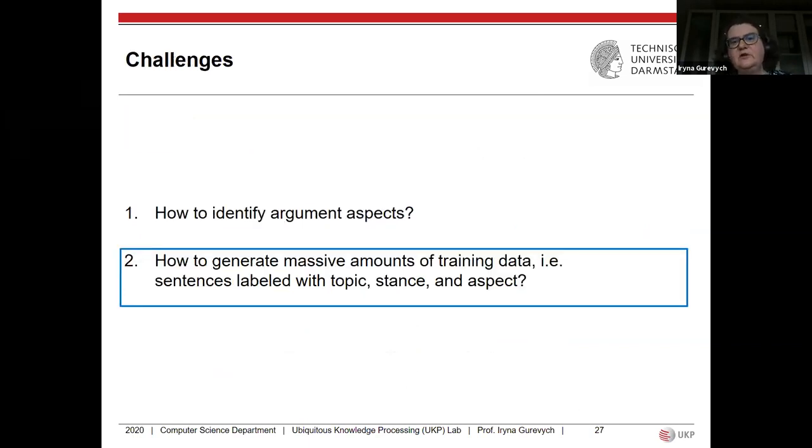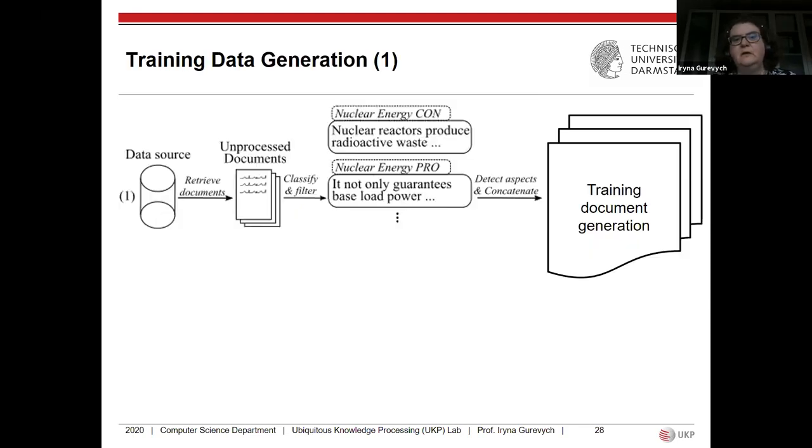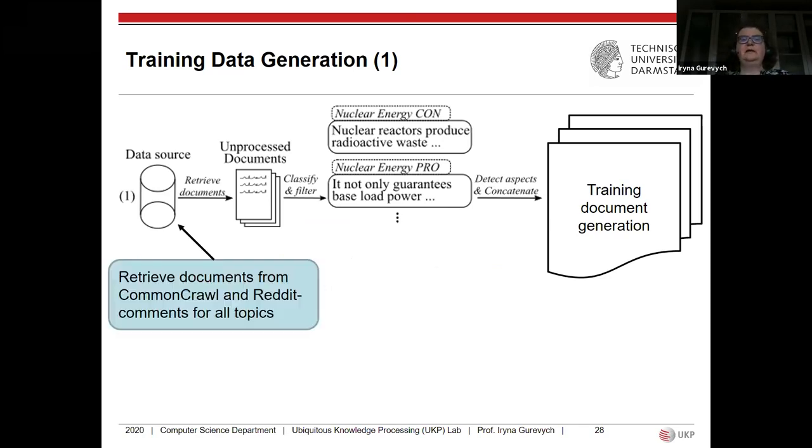Now, let me turn to the second challenge, how to create training data for natural language generation. It is completely clear that we cannot annotate this amount of data manually, so we propose a semi-supervised approach where we first retrieve up to 1.5 million documents for each of our 8 topics of the sentence-level argument identification dataset that I've presented in the first part of my talk.